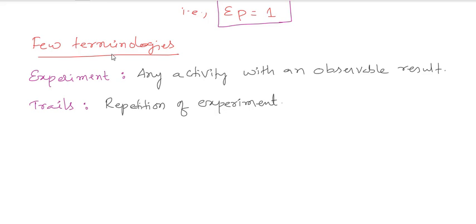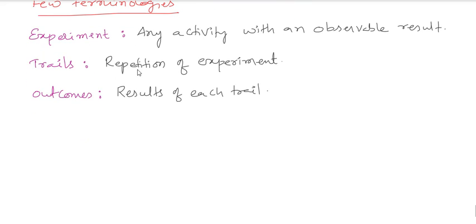Next one, the outcomes. What do you mean by outcomes? The results of each trial we call the outcomes. Likewise, a few terminologies are there.